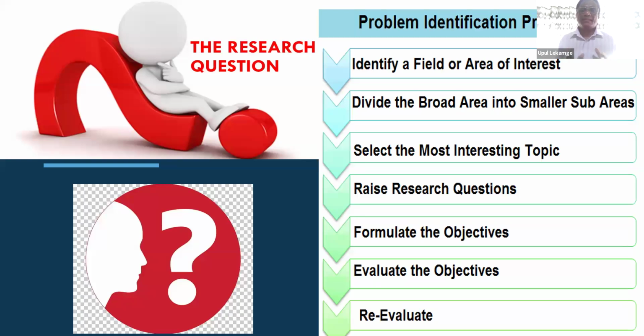So the best is to identify a field or area of interest. This is very important. If you are doing political science, you should not select, say, the construction industry. But there is politics in the construction industry as well, right? If you are doing social media, you should not select the fisheries industry.